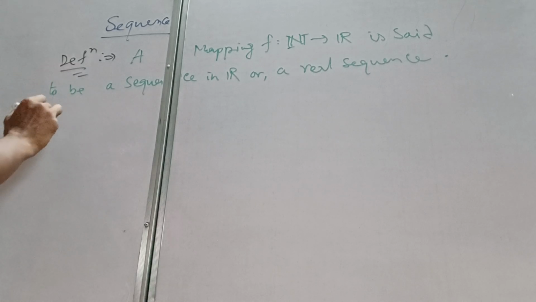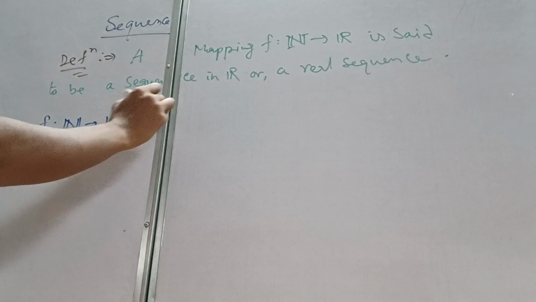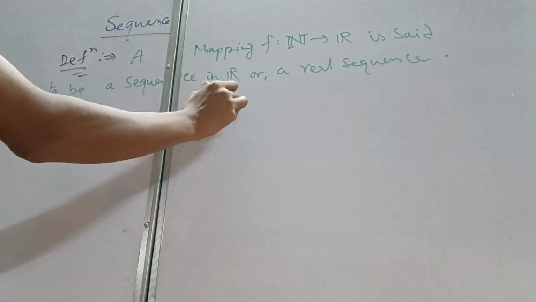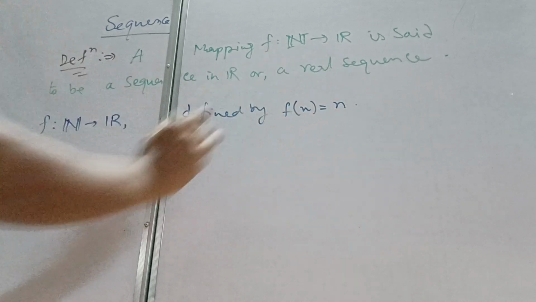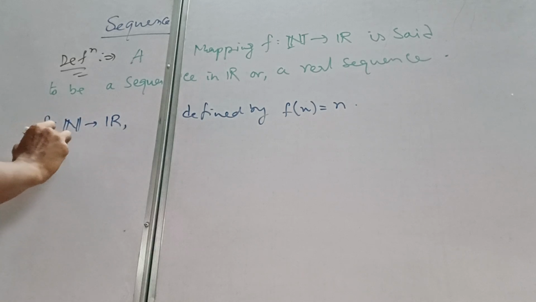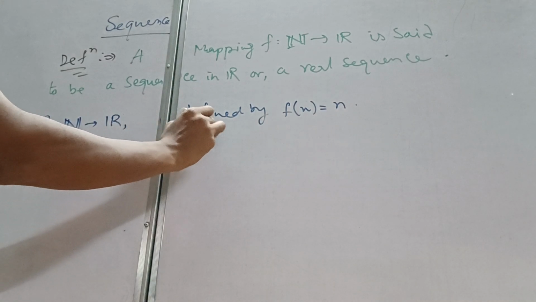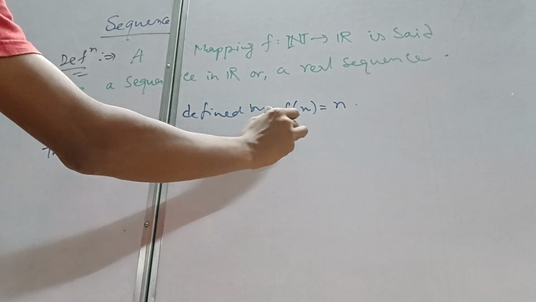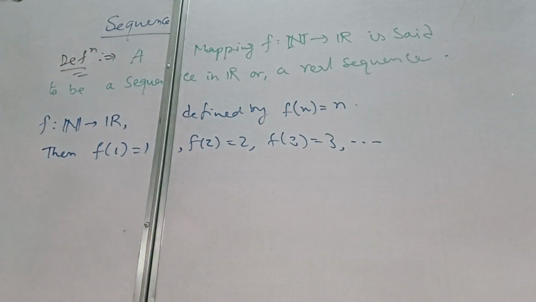So we start from here. Let f from N to R be defined by f(n) equal to n. Then what happens here? f(1) equal to 1, f(2) equal to 2, f(3) equal to 3. In this way we get one sequence.